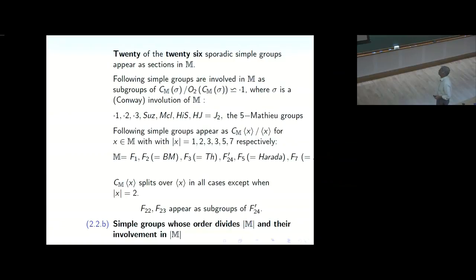I will say a little more about this. The following simple groups appear as the centralizer of an element of these orders modulo the subgroup generated by it, and all these groups are actually simple.